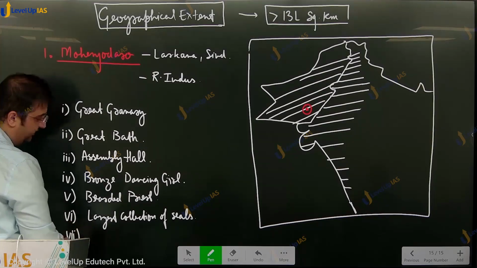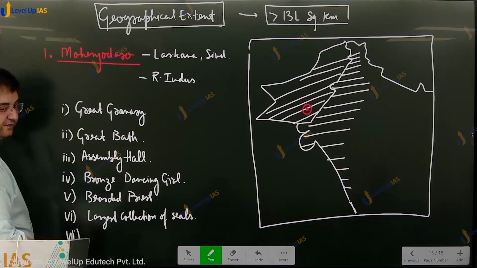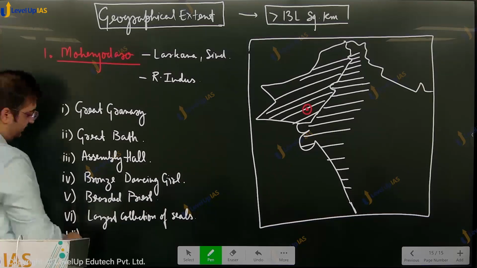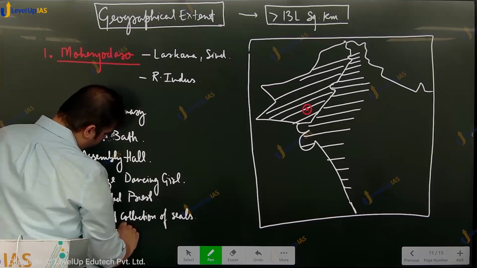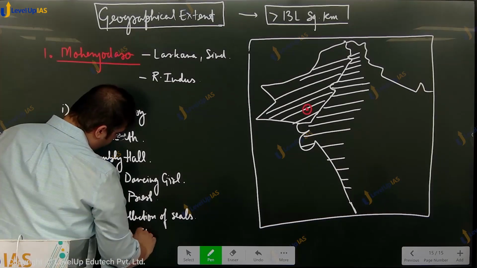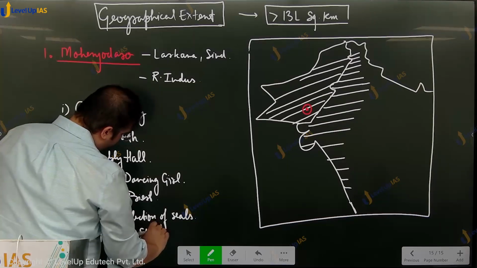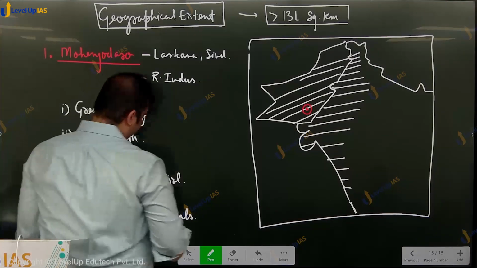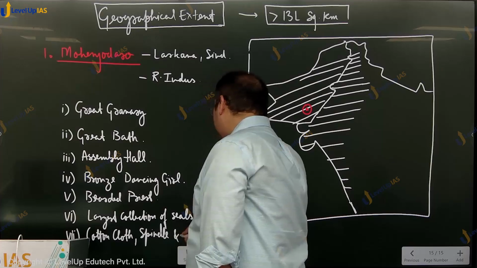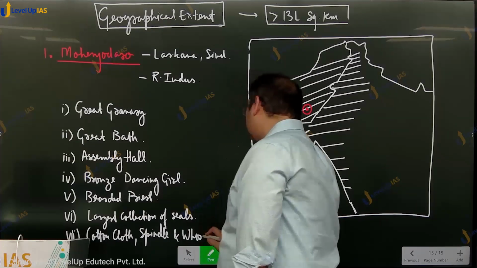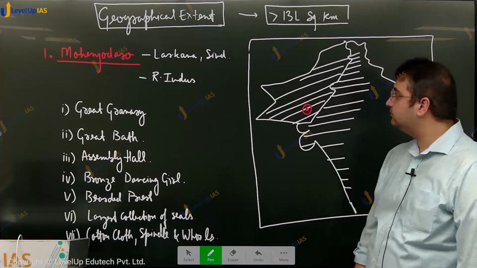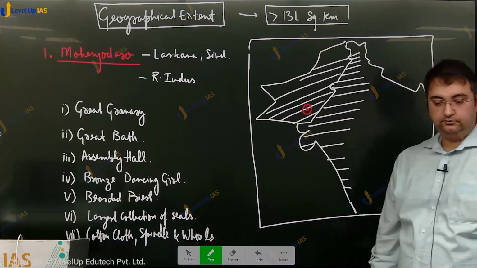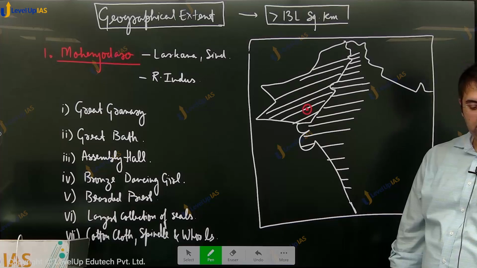And finally, evidence of cotton textile manufacturing, cotton cloth, spindles, and whorls. ठीक है?